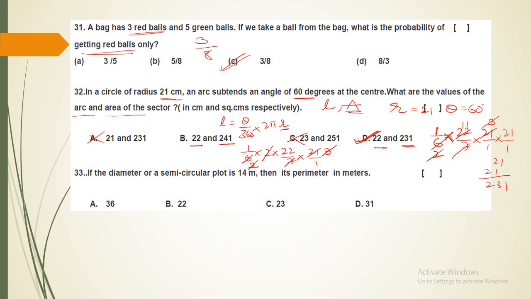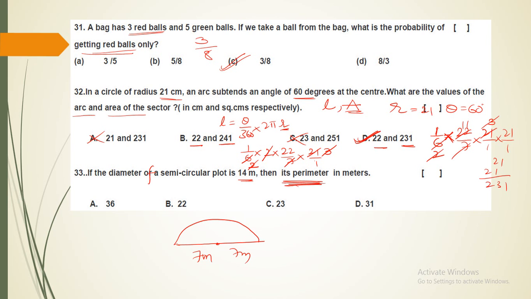If the diameter of a semicircular plot is 14 meters, then what is its perimeter in meters? So what has he given? A semicircular plot. So this is a semicircle and its diameter is given as 14 meters. That means its radius is 7 meters. Now what is he asking? He is asking to find out its perimeter.